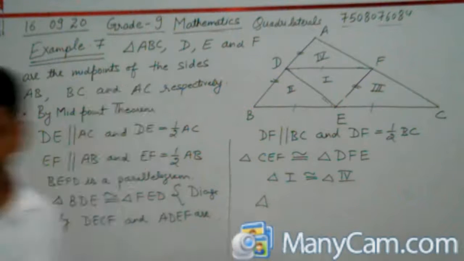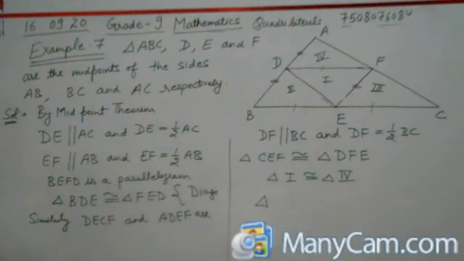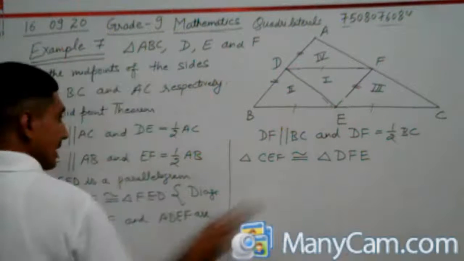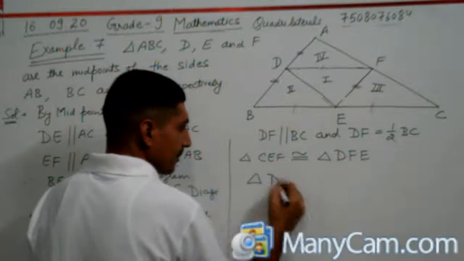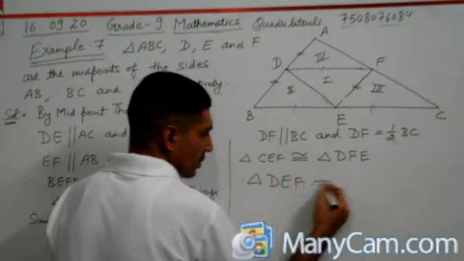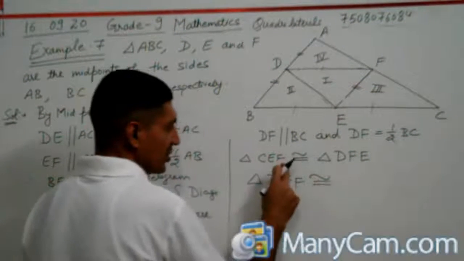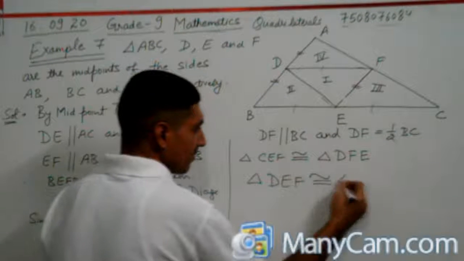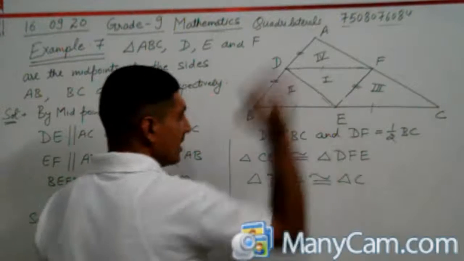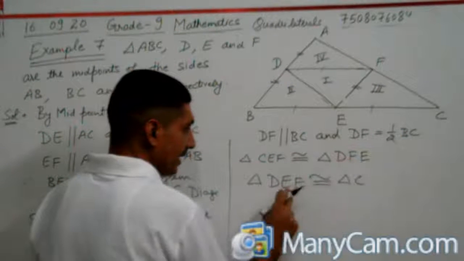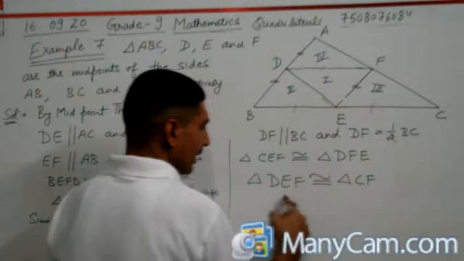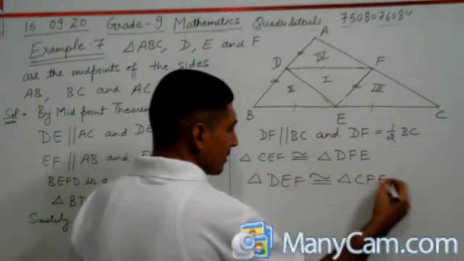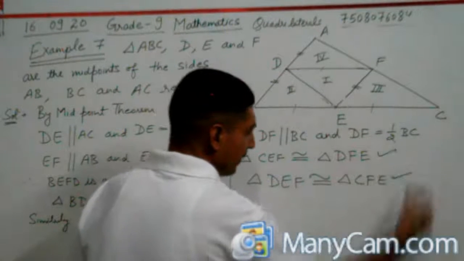One more very important thing I want to discuss here. If you are naming it as DFE, the same triangle as DEF, see how the name will change. You can write it any way.